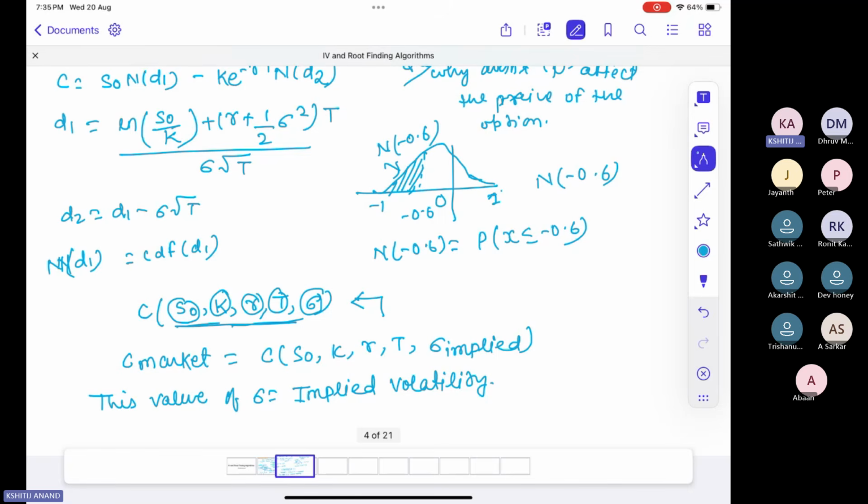So in a way, this volatility that you will be getting from this particular equation is called implied volatility, and this is like your expectation of the future volatility of that particular stock. So if let us say you got sigma equal to 30%, then this is your expectation that in this lifetime of the option, whatever is the time remaining in this option to expire, we will be expecting a volatility of sigma implied percent.